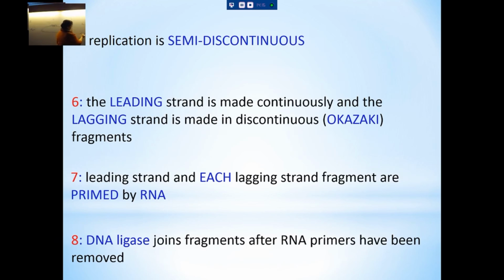And then there's a third enzyme that comes in and acts on these gaps, known as DNA ligase. It joins the little Okazaki fragments on the lagging strand together so that we have a complete semi-conservative DNA replication process.